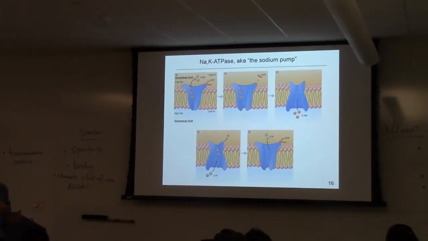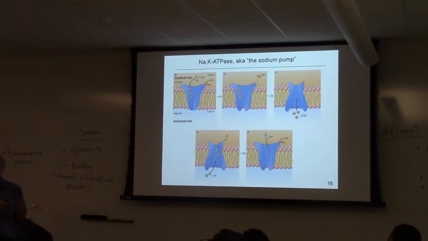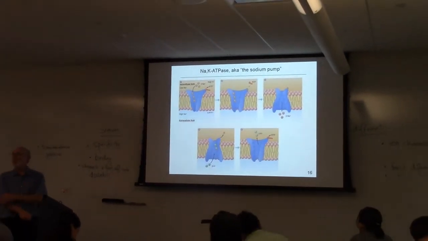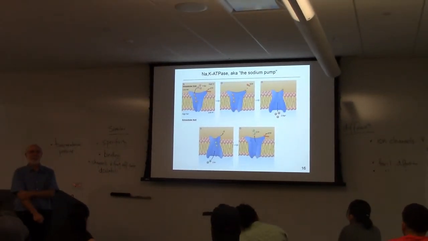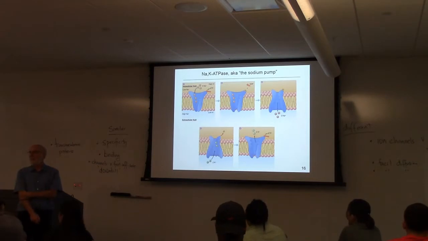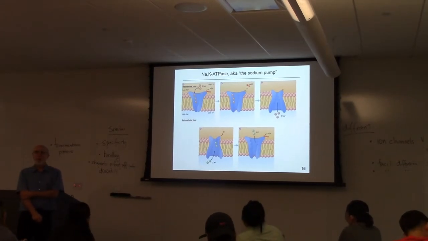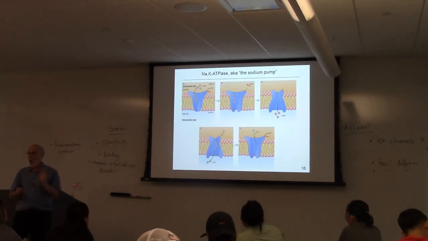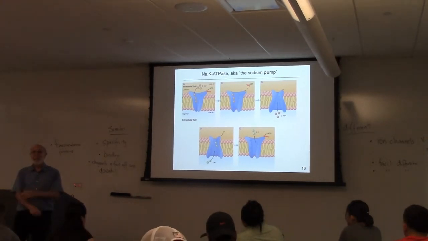ATP has bound. So remember there was ATP on the inside. Where did that ATP come from, physiology students? I'm thinking of an organelle. Mitochondria, oxidative phosphorylation. We're not going to talk about mitochondria and oxidative phosphorylation too much. It's there, it's always happening. Your cells have ATP.